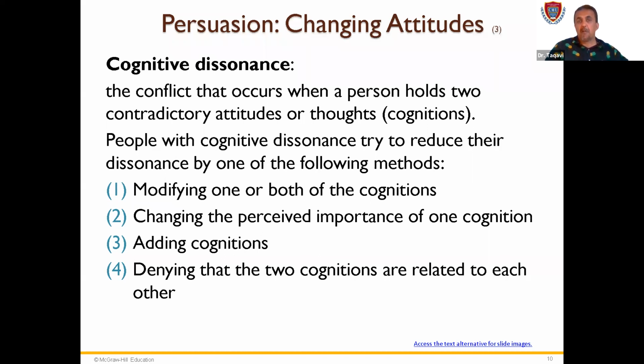So people usually choose one of these four major ways to cope with cognitive dissonance. One, modifying one or both of the cognitions. Two, changing the perceived importance of one cognition, not the real importance, the perceived importance.